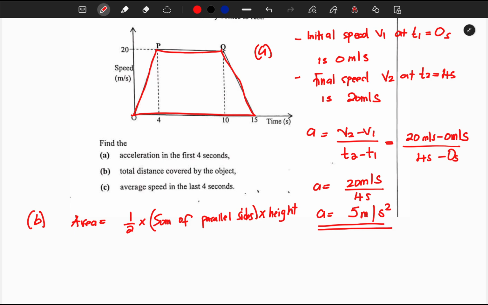So area of a trapezium is equal to half multiplied by sum of parallel sides times height.